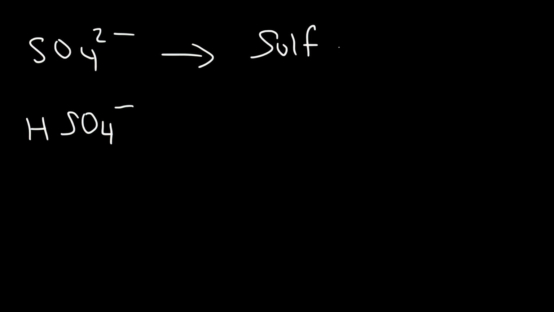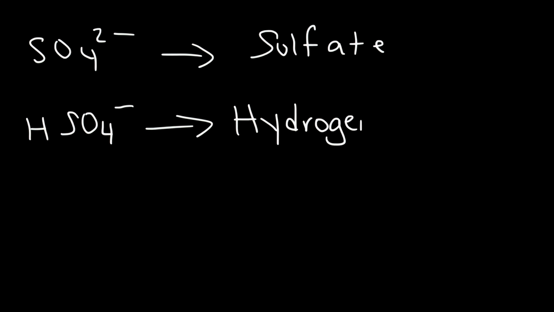So based on that example, what are the names of these 2 ions? So you know that SO4 2 minus is called sulfate. So if that's the case, what is the name of HSO4 minus? Like hydrogen carbonate, this is going to be called hydrogen sulfate.